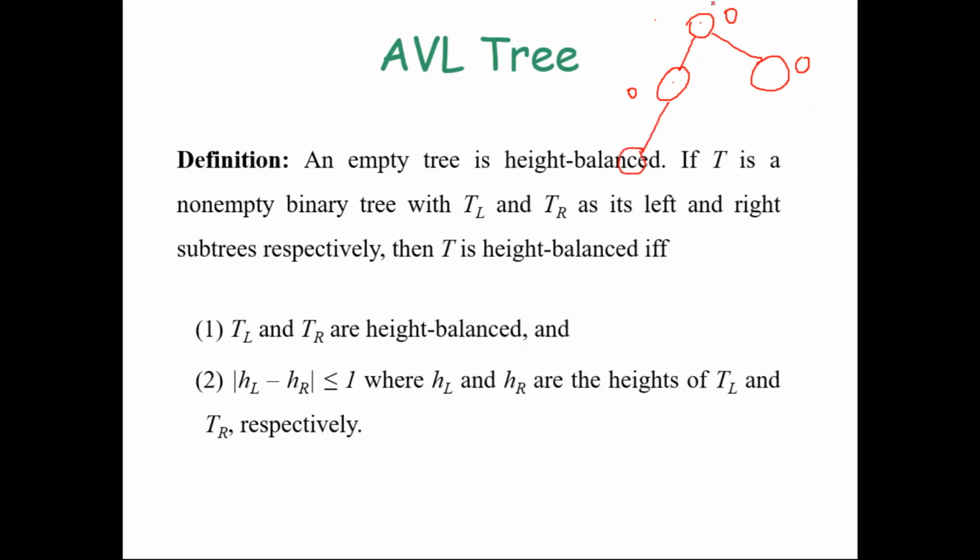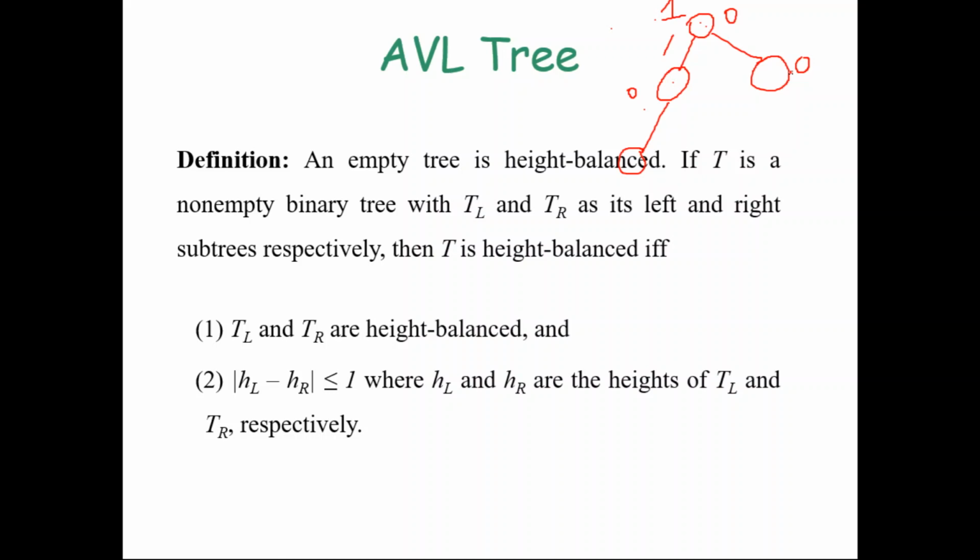Now say that I am adding a node here. Now what is the height of the left part of the root? It is 2, and the right is 1, so 2 minus 1 is 1.